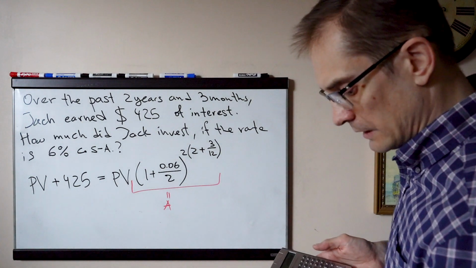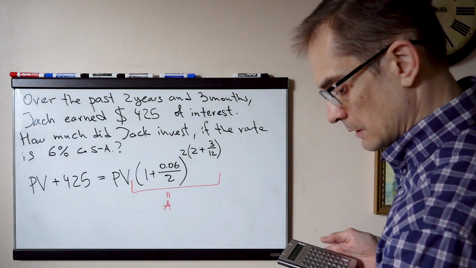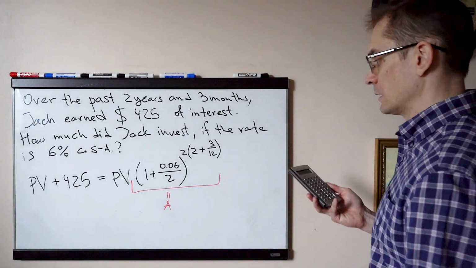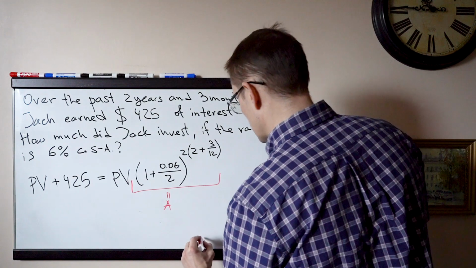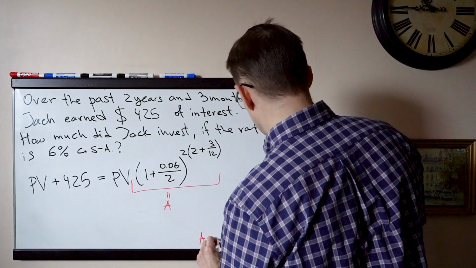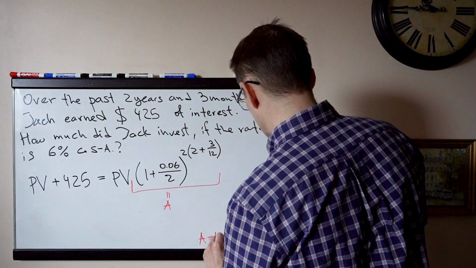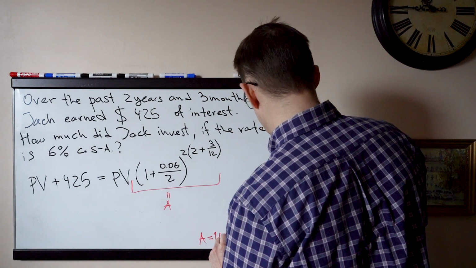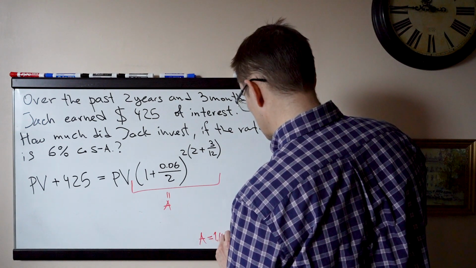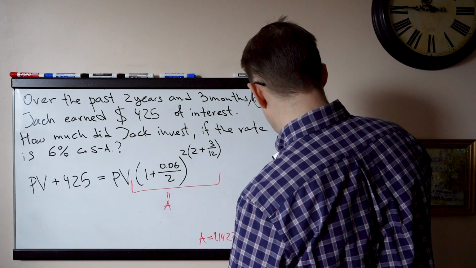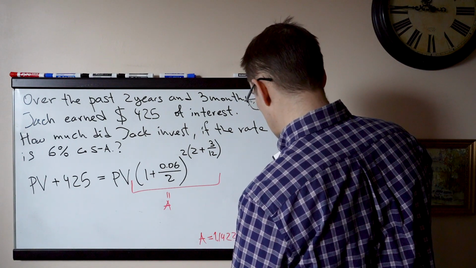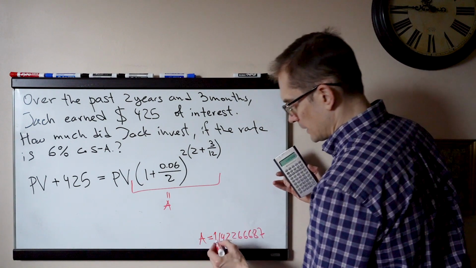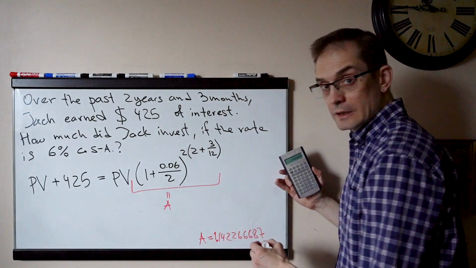Okay, so this A, let me write it here. This A will be equal to 1.142266687. And I will keep it in the memory of my calculator.